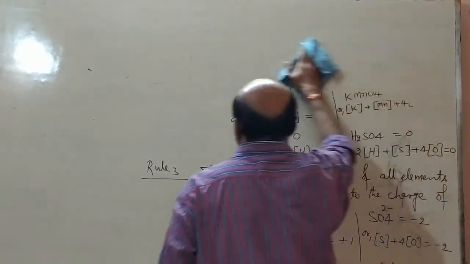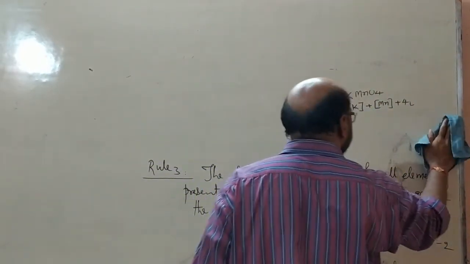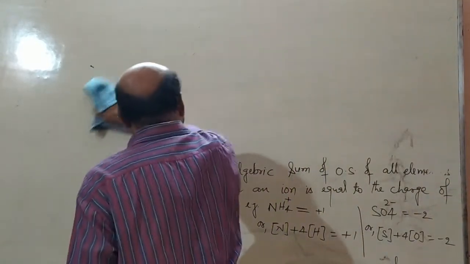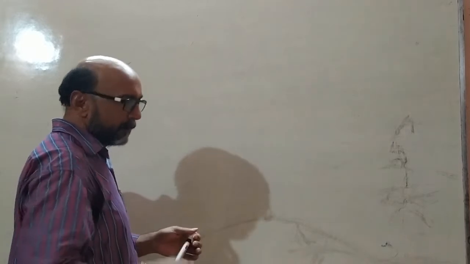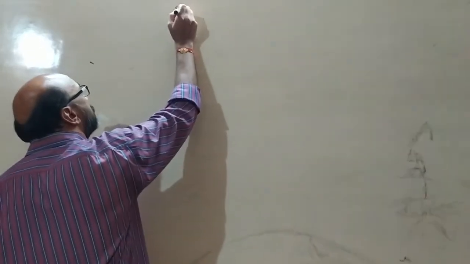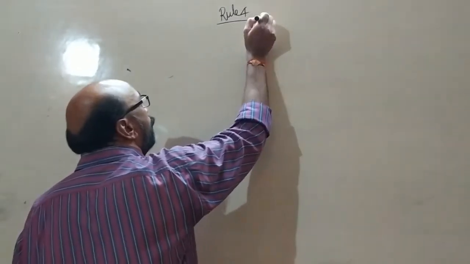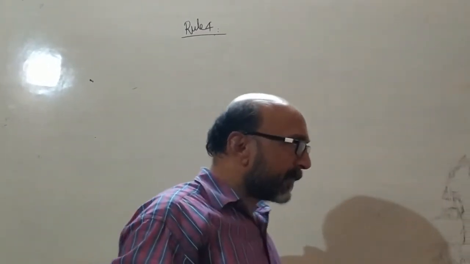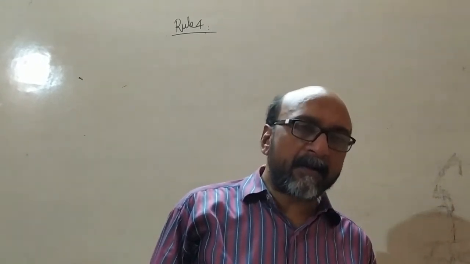Now the fourth rule is rule 4. Do you know alkali metals? Alkali metals means the metals which are kept in the first group of the modern periodic table.